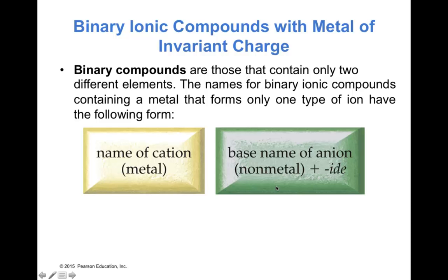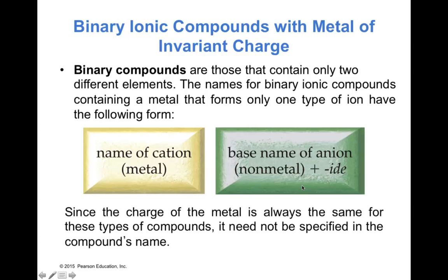So you need to add the name of the anion with the ending IDE, and that will be the whole name of the binary ionic compound. Since the charge of the metal is always the same for this type of compound, it does not need to be specified in the compound's name.